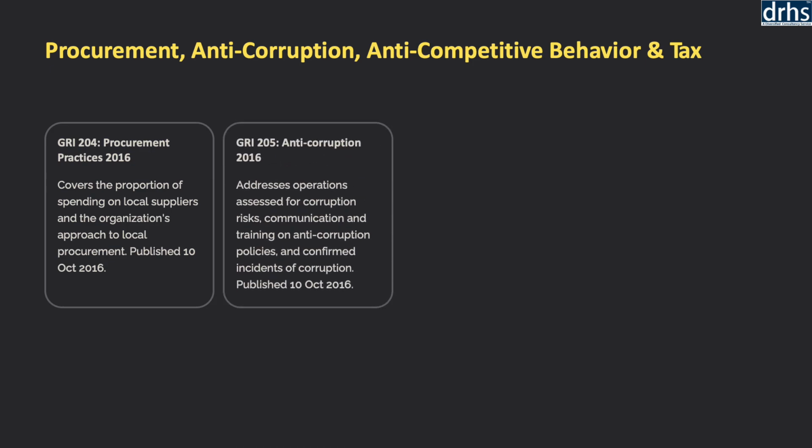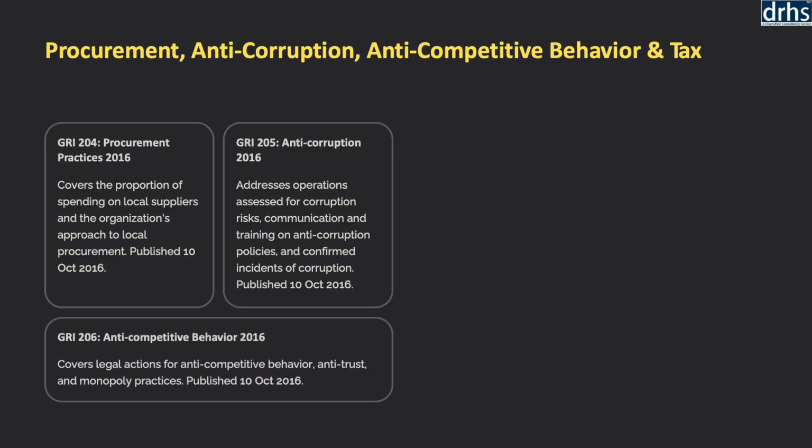GRI 205, Anti-Corruption, 2016, establishes robust disclosure requirements on corruption risk assessments, employee training, and confirmed incidents. It reinforces a zero-tolerance stance toward unethical practices, thereby safeguarding organizational credibility and reinforcing stakeholder trust.